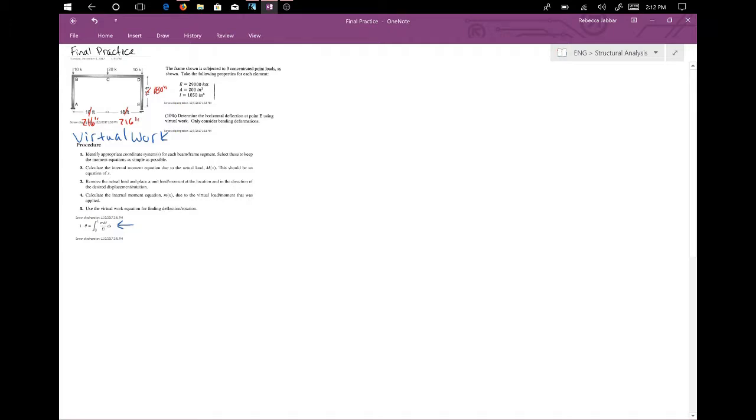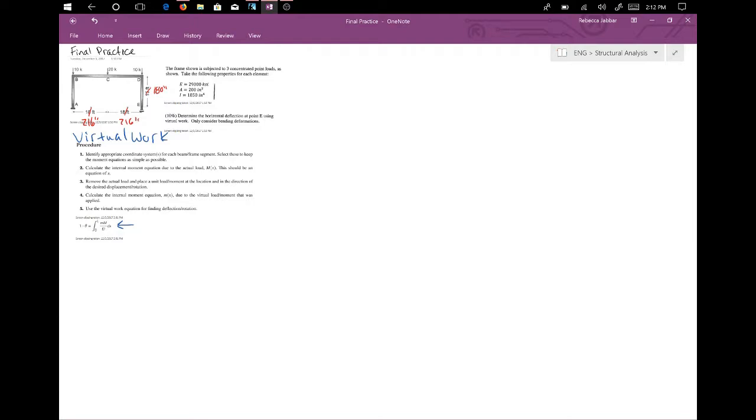So, as I laid out here, this is the procedure from the Structural Analysis: Understanding Behavior book from Wiley that my class uses. I think this is like the last chapter for determinate structures. If you couldn't tell, this is a determinate structure.